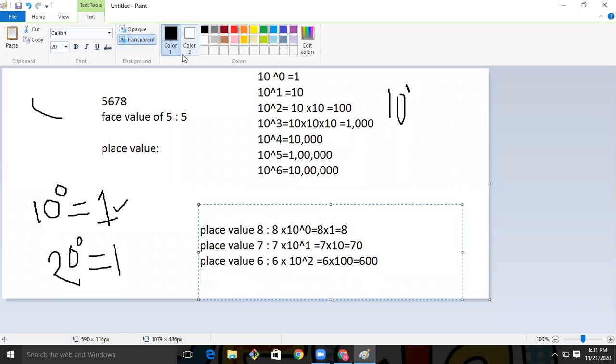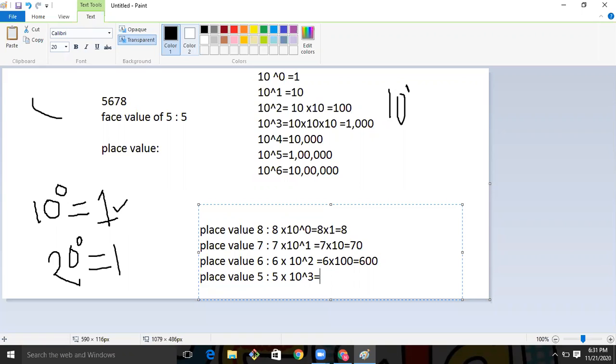Now what is the place value of 5? All of you tell me. So we have to take the place value of 5. Simply 5 into, this time what do we have to do? 10 to the power of what? 10 power 0, 1, 2, 3. So we have to take 10 to the power of 3.